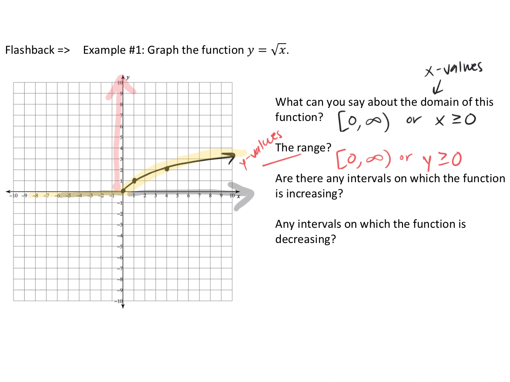Okay, so I would write it is increasing from 0 to infinity. Okay, is there any part of this function that is decreasing from left to right? No, it's all increasing, right? So there's none that are decreasing.